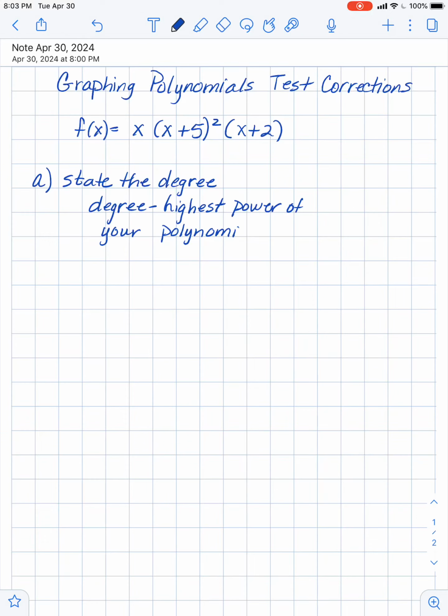Usually when we look at this, we have it all multiplied out, so you might have something like x cubed plus 2x squared plus x minus 1. In this case, our highest power would be the 3, so our degree would be 3.